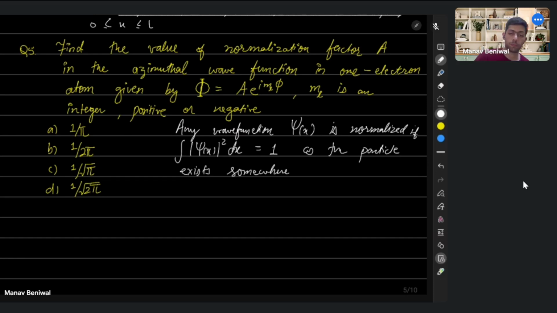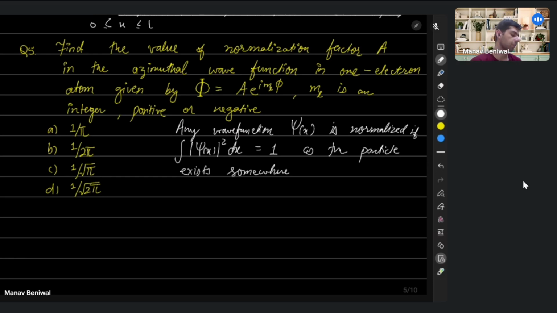Because this mod psi squared is the probability density, the probability of finding the particle everywhere, that total, should be 1, right? Because the sum of probability is always 1. So this is the normalization condition.